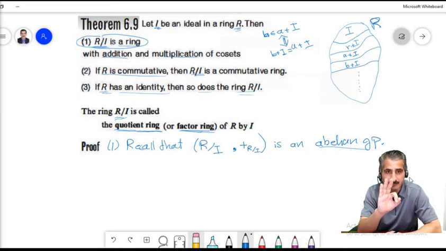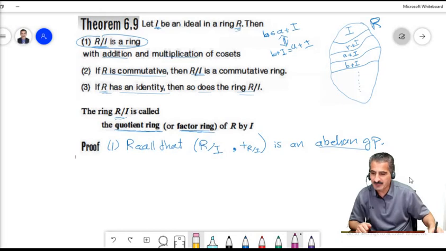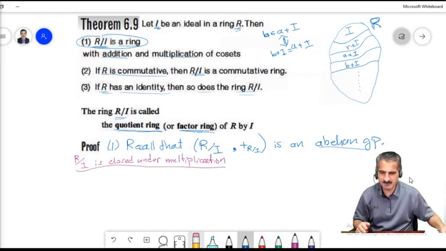If we prove these 3 axioms, then we get R over I is a ring. So let's prove R over I first is closed under multiplication. And we know here we mean coset multiplication.